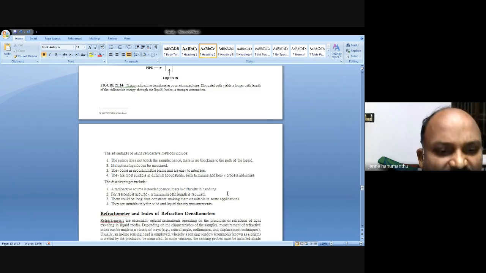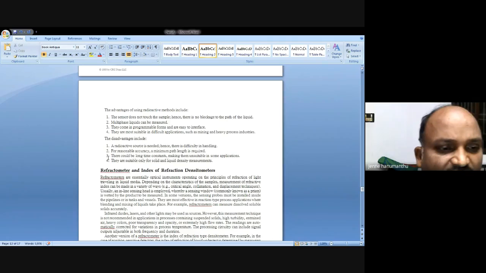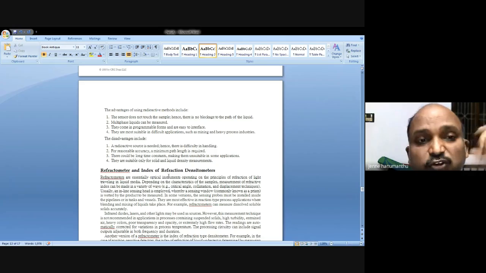There are also some disadvantages. A radioactive source is needed, and it is difficult to handle. To get reasonable accuracy, a minimum path length is required. Path length matters because we are using gamma rays.